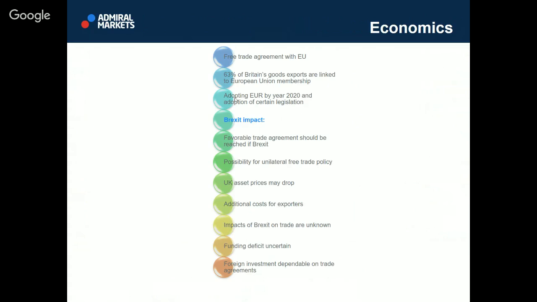The UK will need to adopt the Euro by the year 2020 and adopt certain legislation. The thing is, the European Union is a huge entity, and all members of the European Union who still didn't adopt the Euro as their main currency would need to do that by the year 2020.